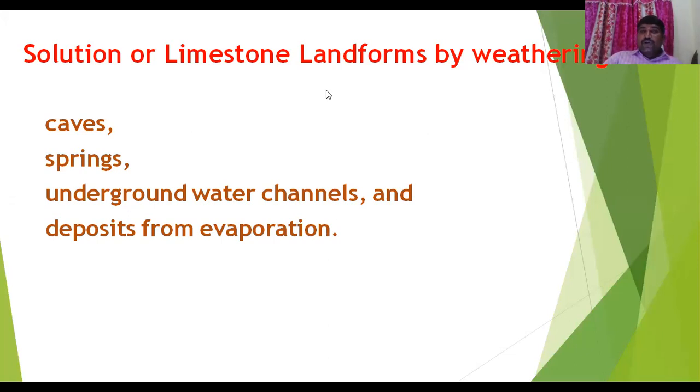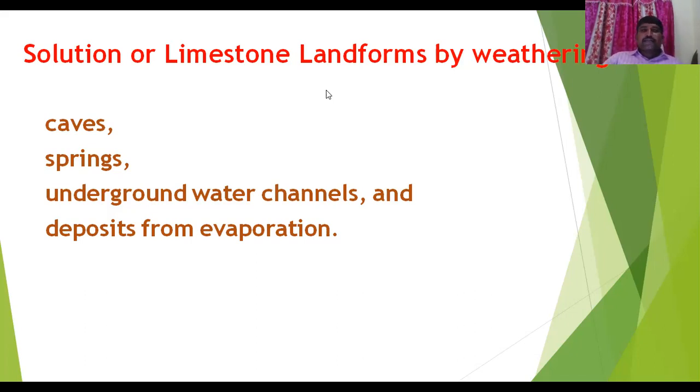These landscapes are very commonly known as karst landforms. In karst topography, weathering is concentrated along the joints and bedding planes of the limestone, producing a number of different sculptured features from the effects of the solution processes.